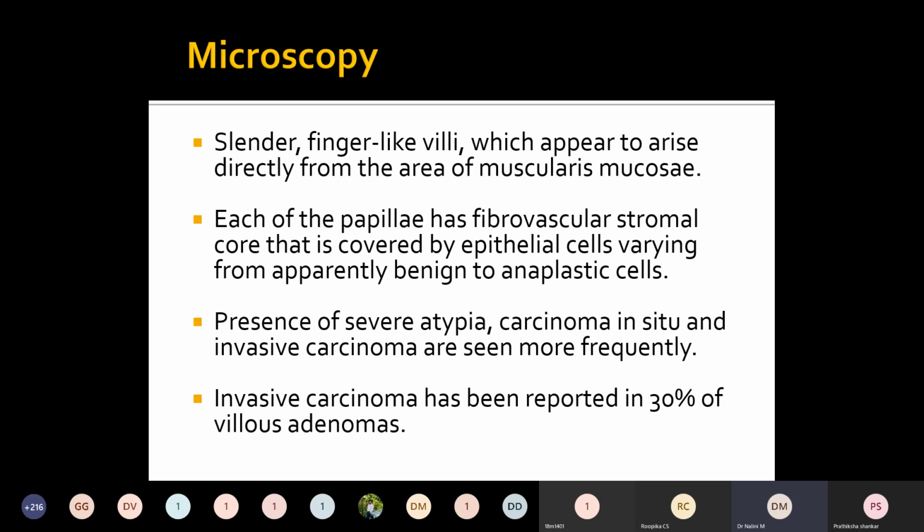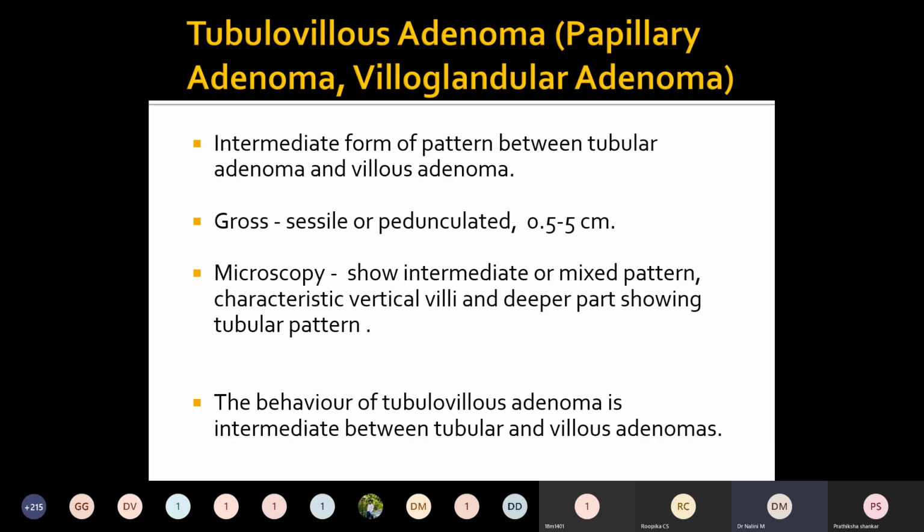What is again striking here is, unlike in the hyperplastic or the Peutz-Jeghers polyp, the non-neoplastic polyps, you look at the epithelium, there could be varying degrees of anaplasia. There could be atypia, and sometimes it could have carcinoma in situ changes or invasive carcinoma more frequently. Invasive carcinoma again very, very common in villous adenomas.